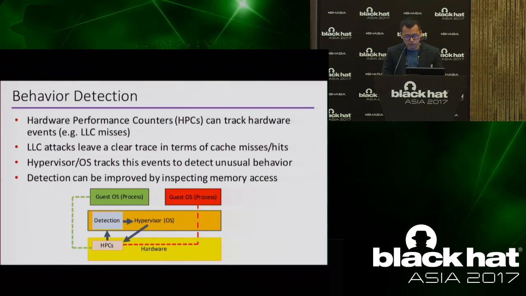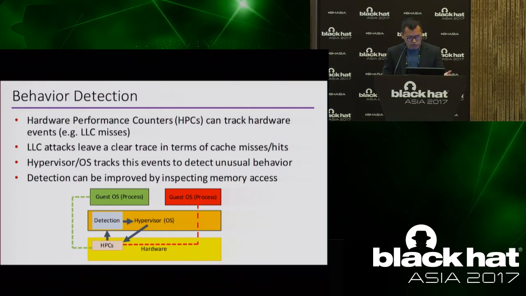So one simple way of applying this performance counter-based detection approach is that, in the case of hypervisor, the hypervisor can first program the performance counters with a certain threshold that depends on the environment of the system.